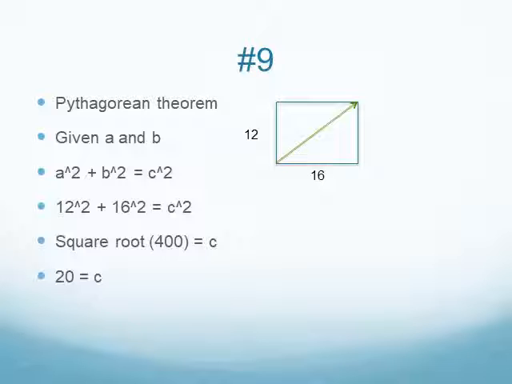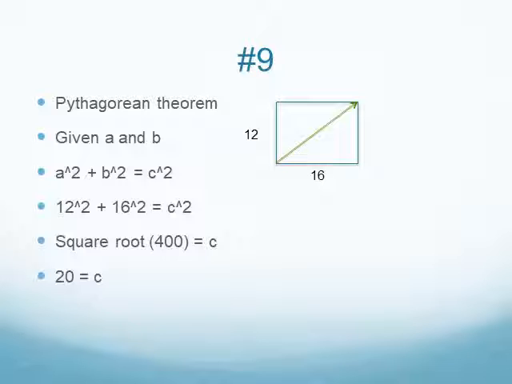I couldn't find the symbol for square root on PowerPoint, so I simply wrote the square root of 400. 400 is 12 squared plus 16 squared. So 144 plus, I don't remember what 16 squared is, 256 maybe? That sounds about right. But if you add those two squares together, you get 400.